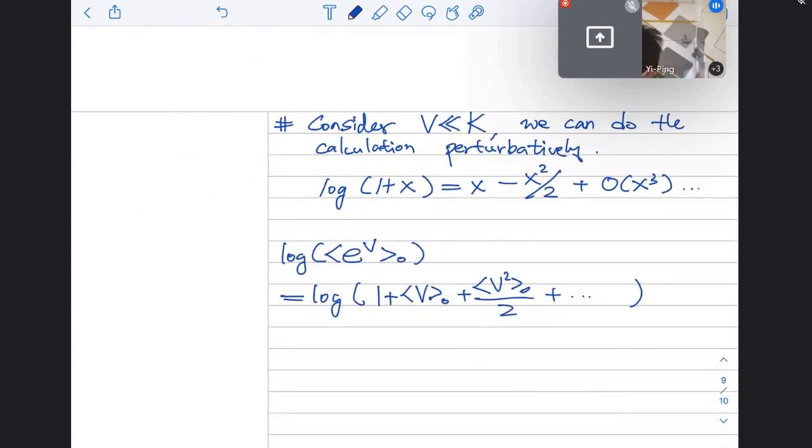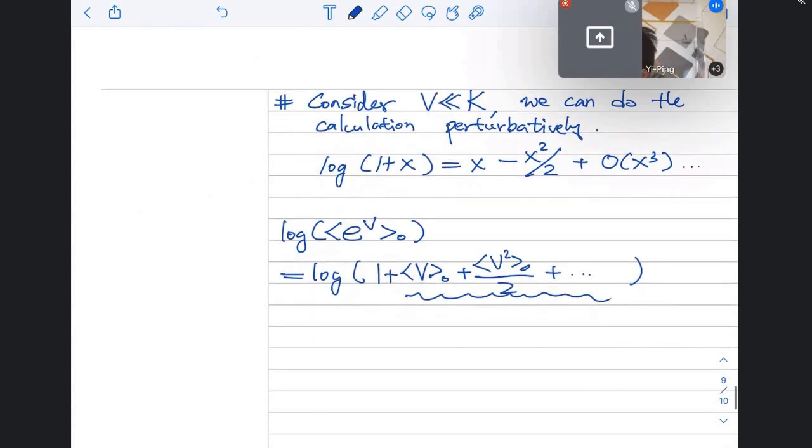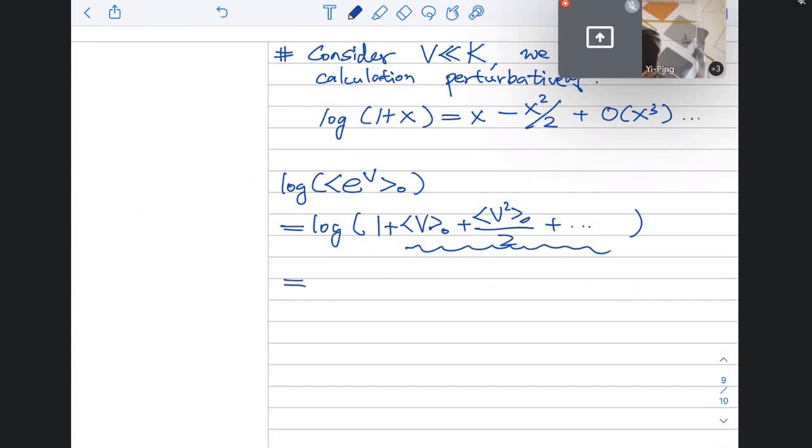As I mentioned, if we consider this thing to be small, then log of 1 plus x is basically x minus x squared. So we consider this whole object as x, and you just plug that into this expansion.